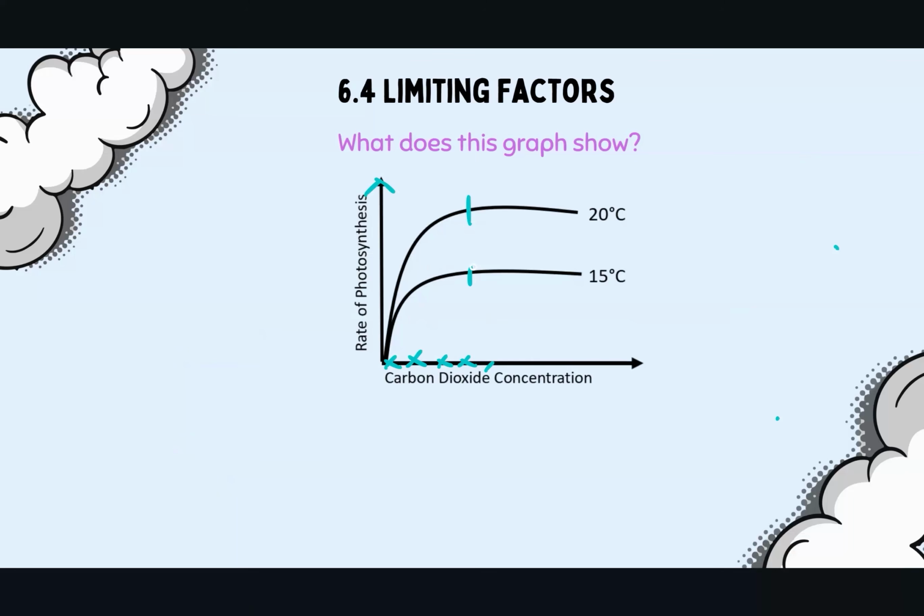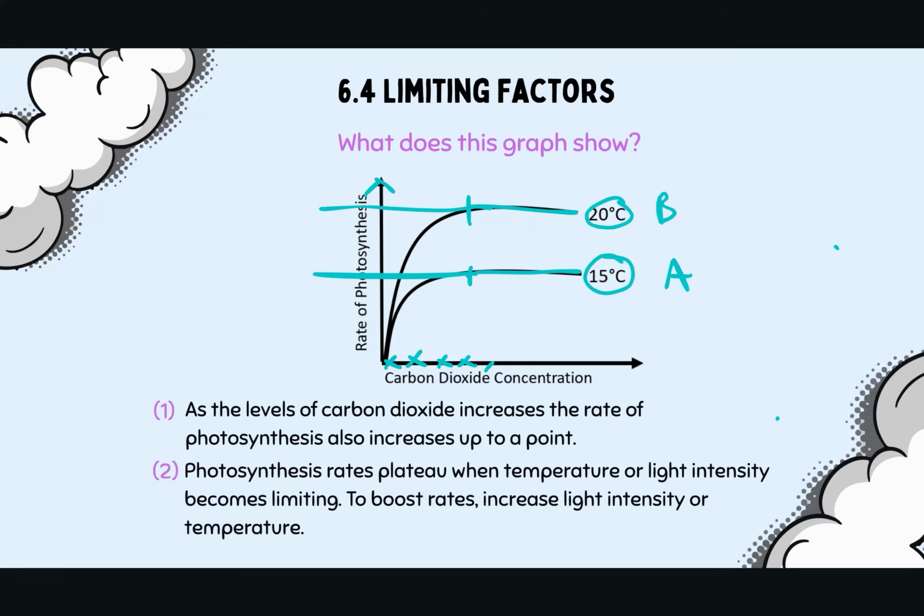Now, if you look at line A and line B, beyond that point, what does this graph show us is the limiting factor? Because at 15 degrees, that was its maximum rate of photosynthesis. At 20 degrees, the maximum rate of photosynthesis is a little bit higher. So it shows us temperature became the limiting factor. So the increase in temperature has increased the rate of reaction.